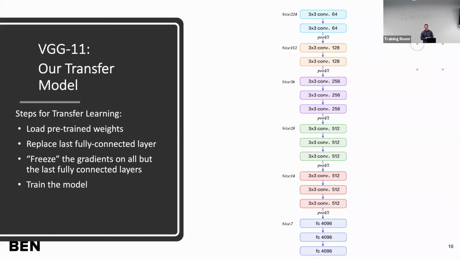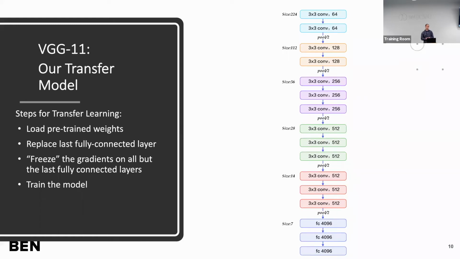With our data set, we only have 77 genres, so we need to change that layer. So we replace that last layer with a new layer that takes 4096 in and only puts out 77 for our 77 classes. So once we do that, we have a model that's ready to be trained and make predictions.